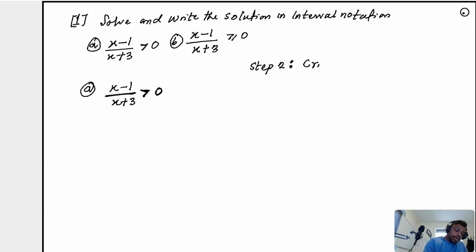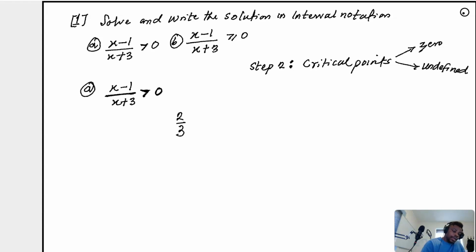Step 2 is talking about critical points. And for these critical points, we need something that will make the expression 0 or undefined. I'm going to explain this. Let's assume I have 2 over 3. This is the numerator, and this is the denominator.